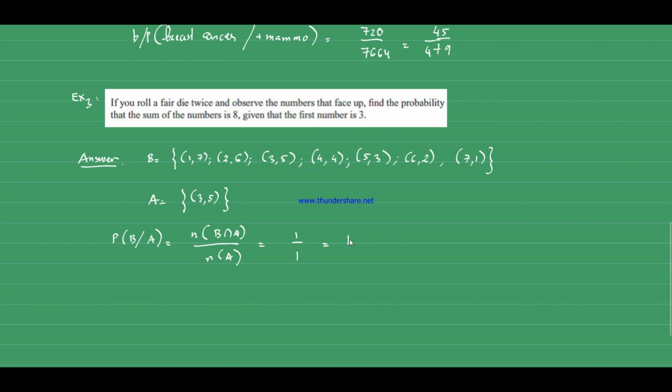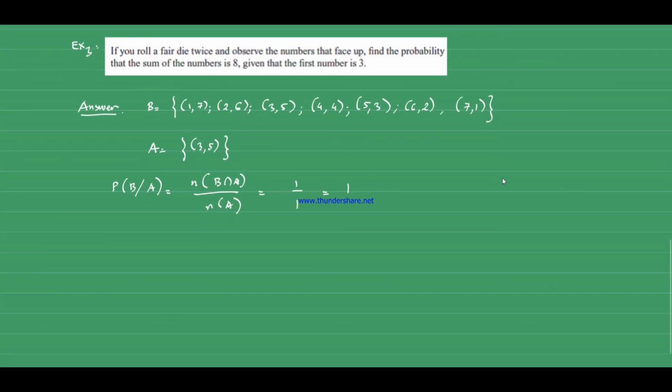Well, you can use the second method also, but you need to get the total sample space when you roll a die twice. Let me do the second method.